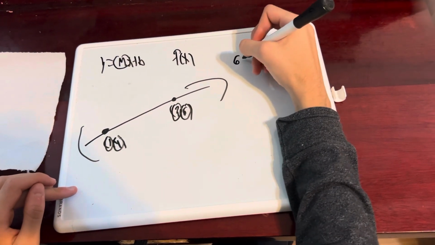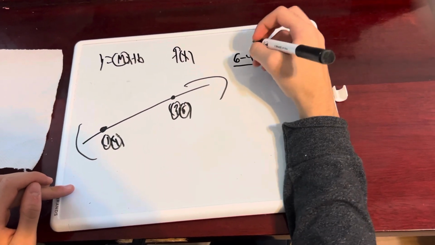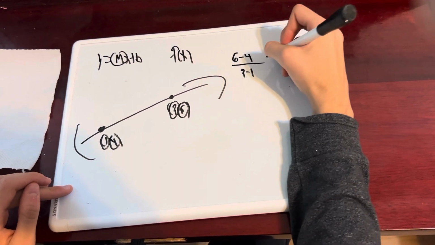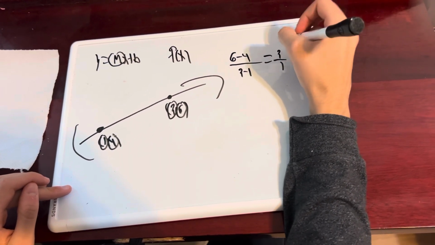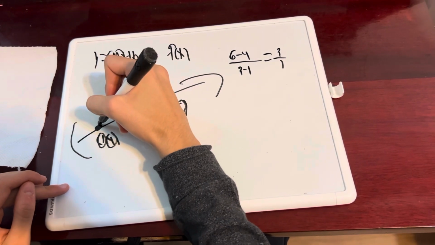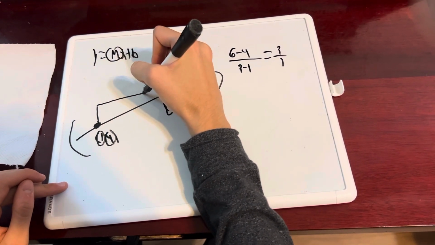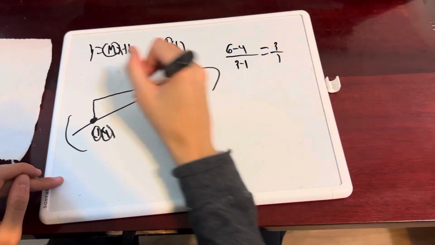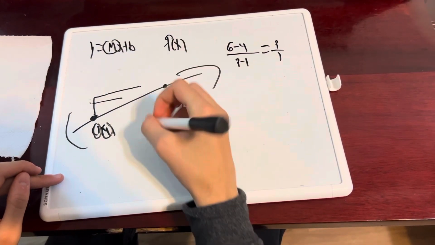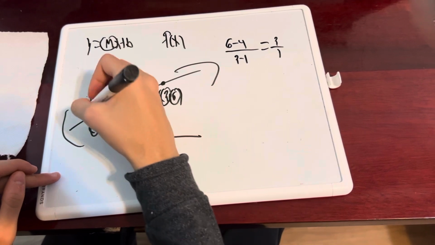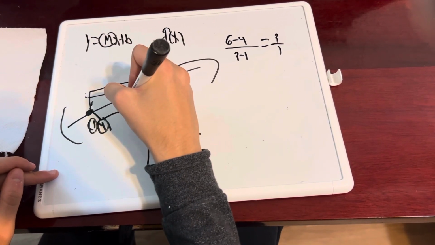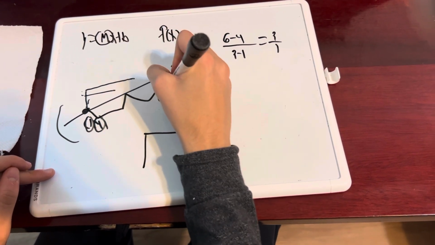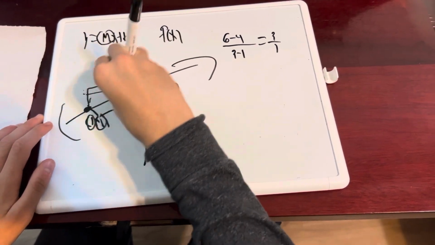So it'll be 6 minus 4 divided by 2 minus 1, which will equal 2 over 1. So that would be your slope, meaning that you're going up 2 and you're going to the right once. It's rise over run. So you're going up 2 and to the right, up 2 to the right, up 2 to the right, until you meet your goal.